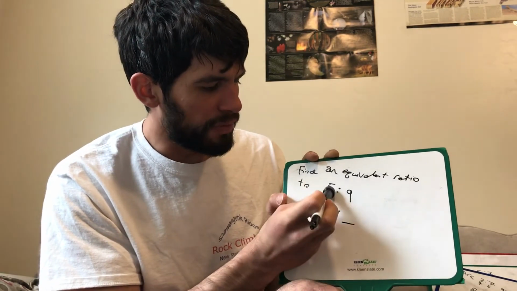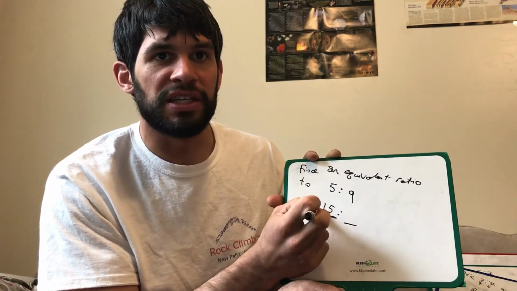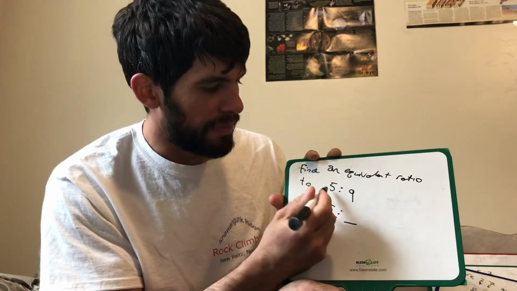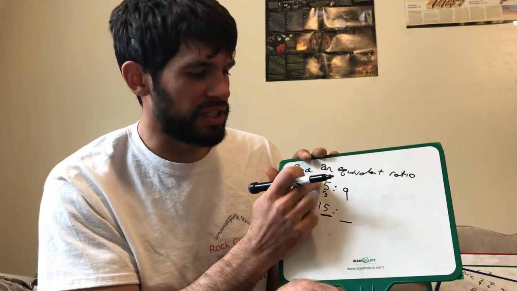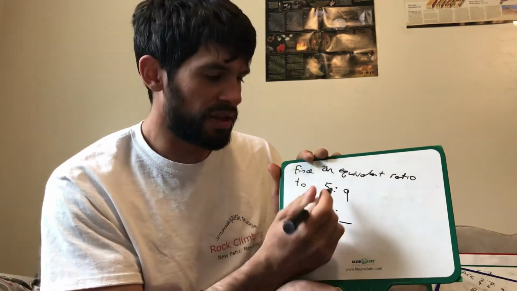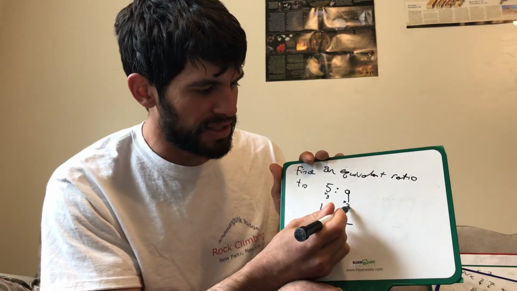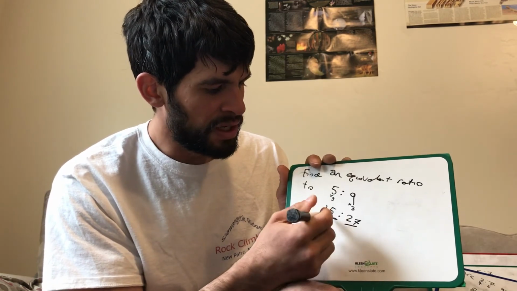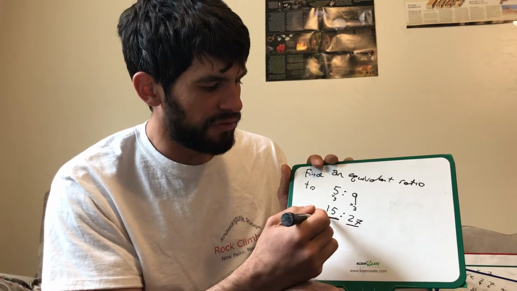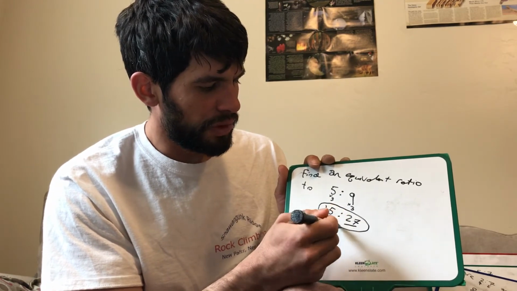To find what goes in the blank, what do we have to multiply 5 by to get 15? We have to multiply it by 3. Again, if we multiply one number in the ratio by a certain number, we have to multiply the other by the same number. 9 times 3 is 27. So our equivalent ratio with a 15 would be 15 to 27.